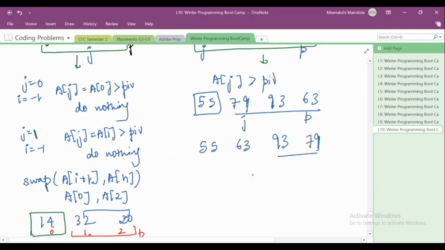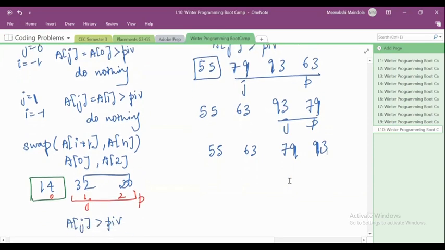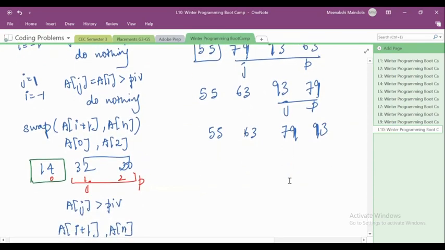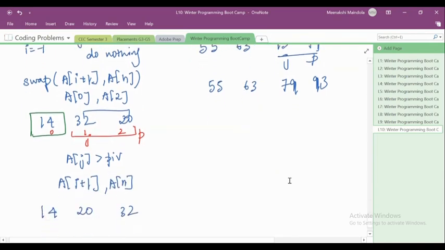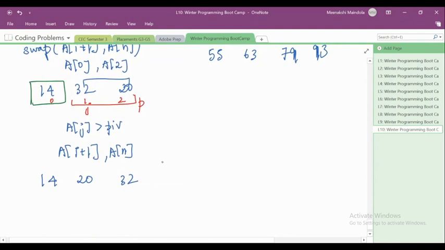Then you have this subarray remaining where the pivot element is this and j is this. Again, when you compare, you place the pivot element at its correct position. So you have 79 and 93. Okay. So finally, you are going to have 42, 55, 63, 79, and 93 as your final output of quicksort.